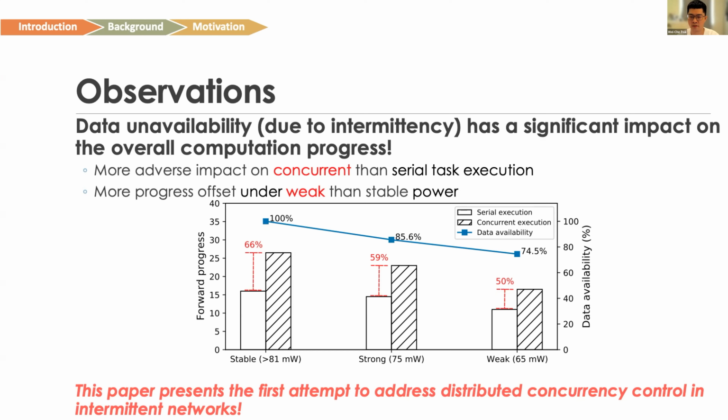The impact is more adverse when the data access between nodes increases, as tasks tend to be blocked more times, and when the power becomes weaker. To address the issue, this paper presents the first attempt to address distributed concurrency control in intermittent networks.